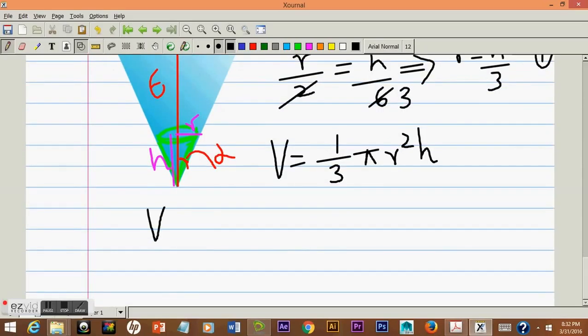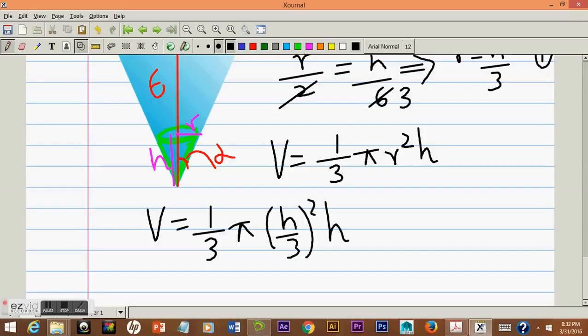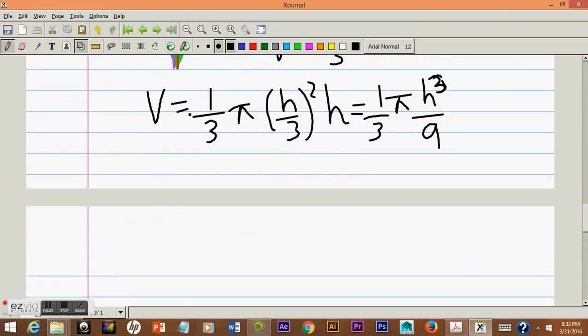Then we go to the volume, V equals 1 over 3 pi r squared h, and we substitute r equals h by 3, squared, and h. We simplify further, and we get 1 over 3 pi h cube over 9. For the simplification, we'll go to the next page.